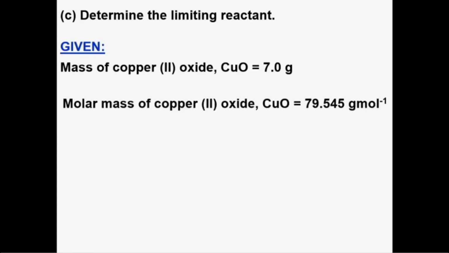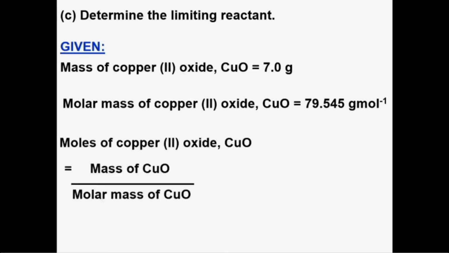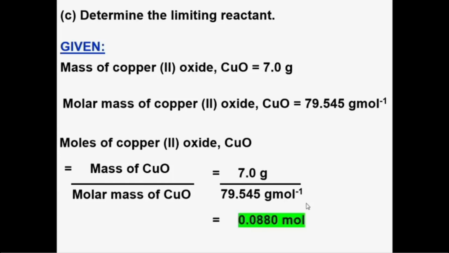using the mass given, and also the molar mass of copper oxide, which is 79.545 grams per mole. So moles of copper oxide equals mass of copper oxide divided by molar mass of copper oxide. Substituting the values, 7 grams divided by 79.545 grams per mole, we get 0.088 moles of copper oxide.